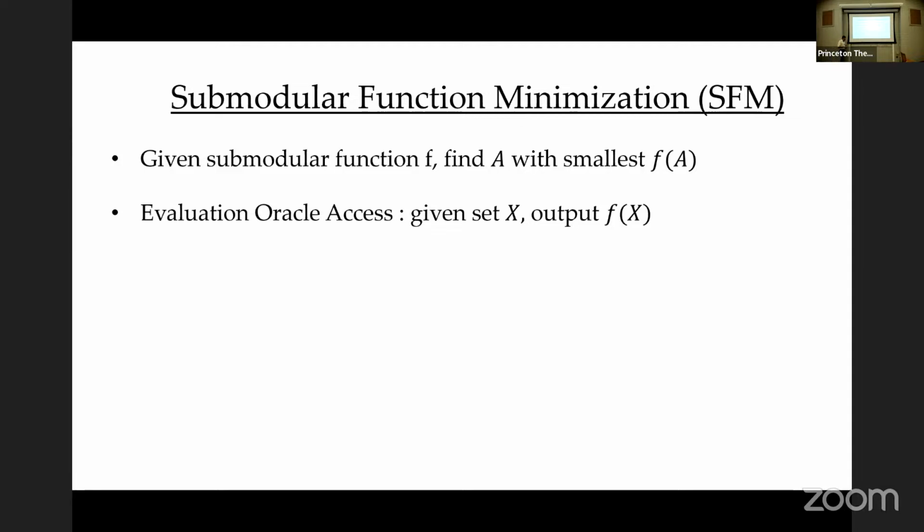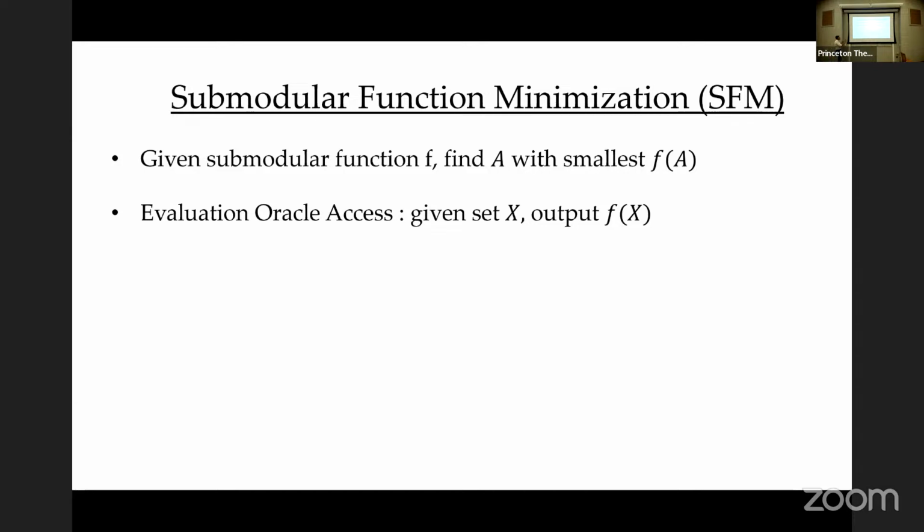In particular, this already captures questions like the minimum cut in a graph, the minimum s-t cut in a directed graph or hypergraph. It also captures other combinatorial optimization problems, which are actually maximization ones. For example, the maximum matroid intersection problem, if you've heard of it, which itself generalizes bipartite matching, is also part of this via duality.